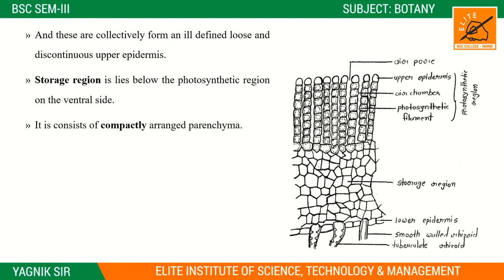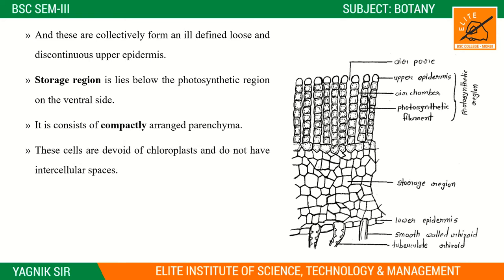It consists of compactly arranged parenchymatous cells. Right. On the upper side, the photosynthetic filaments are sometimes loosely arranged because air chambers are placed between two filaments. But in this case, the arrangement is very compact, and the cells are parenchymatous.